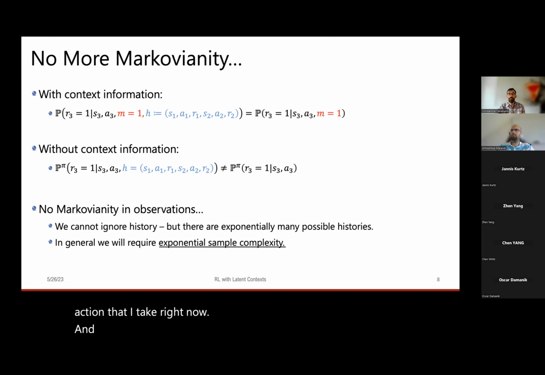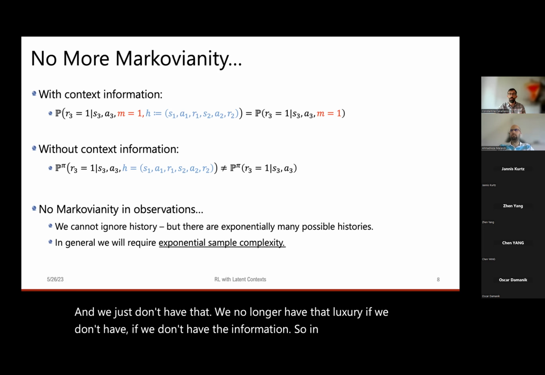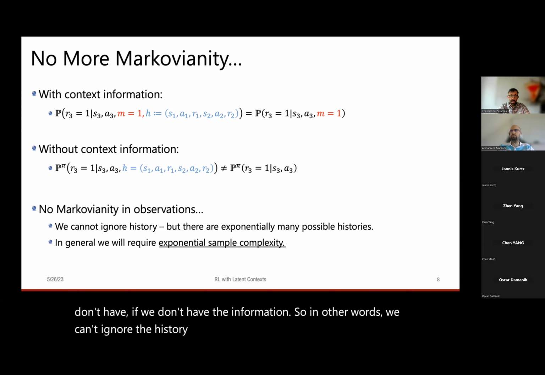And we just don't have that. We no longer have that luxury if we don't have the information. So in other words, we can't ignore the history of what we've seen.